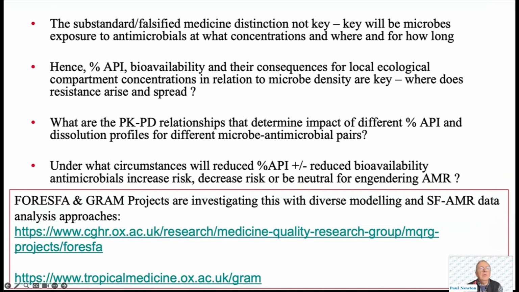But the distinction between substandard and falsified, although really important for how to intervene, whether it needs legal criminal investigation or whether it needs regulatory investigation, is not... dissolution profile of that, determining the bioavailability.